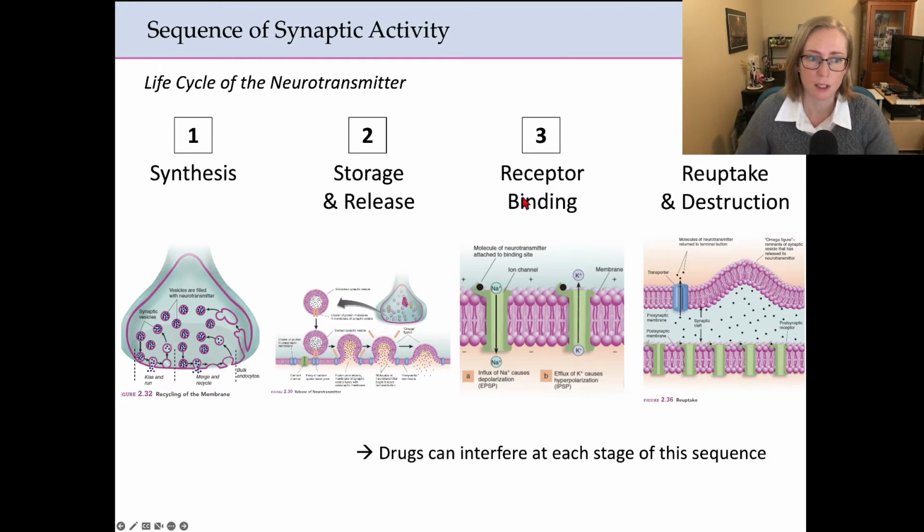They can either help or aid neurotransmitters and increase their activity at the synthesis stage, at the storage and release stage, receptor binding, or even at the reuptake. For example, when we talked about SSRIs, they were influencing serotonin here by blocking reuptake, which then allows the serotonin to continue hanging out in the synapse. So keep this in mind, and we're going to go through some examples today, but the drugs can interfere at each single stage of this.